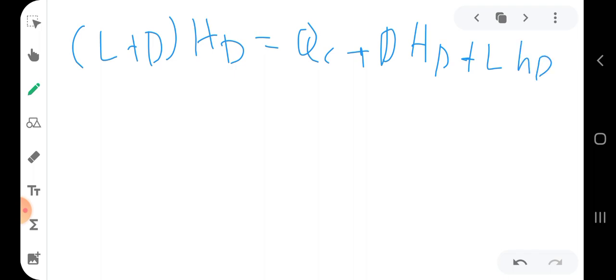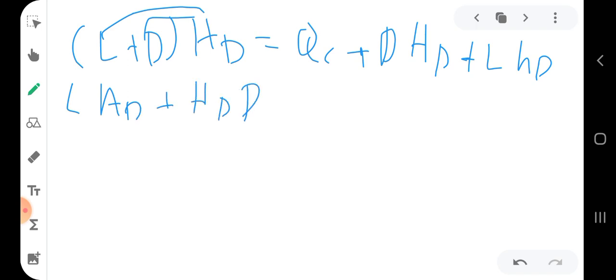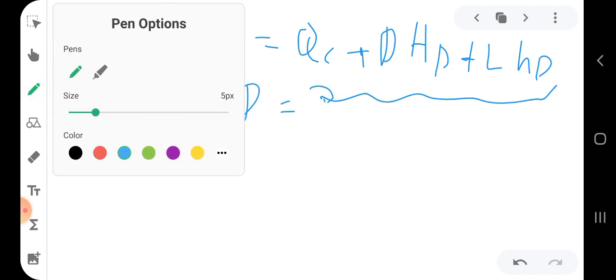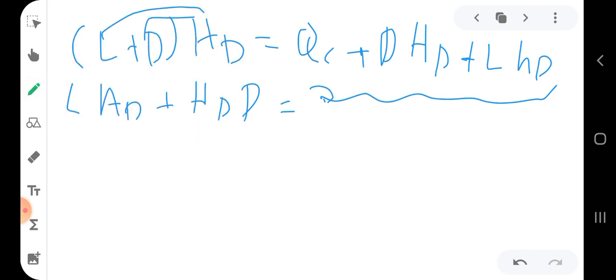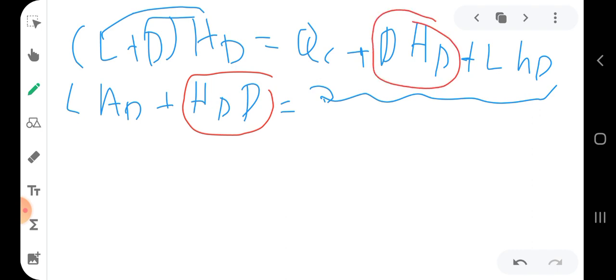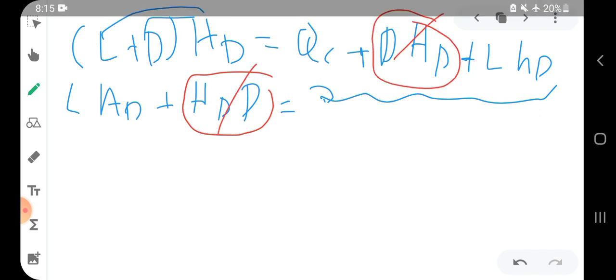We can distribute this H capital D. On this side we have DH capital D, and on the other side we have DH capital D, so they cancel each other.